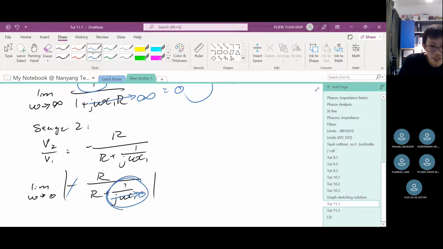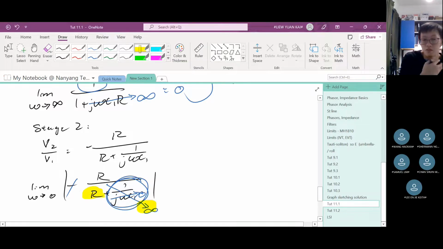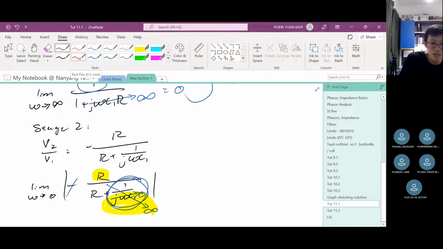When you focus on 1 over 0, 1 over 0 becomes infinity. Okay, in the denominator, it is something plus infinity, which will also be infinity. So something divided by infinity will just all go to 0, right? Some number divided by a very big number is equal to 0.